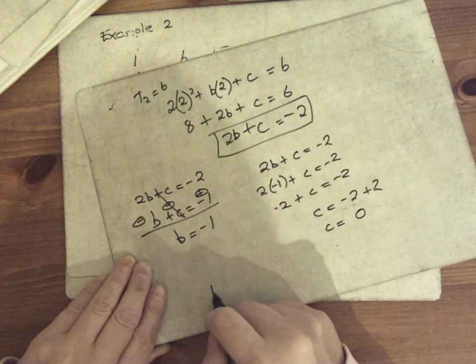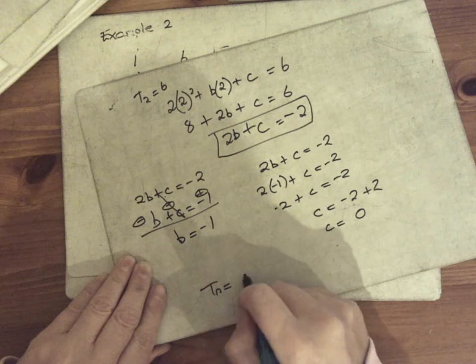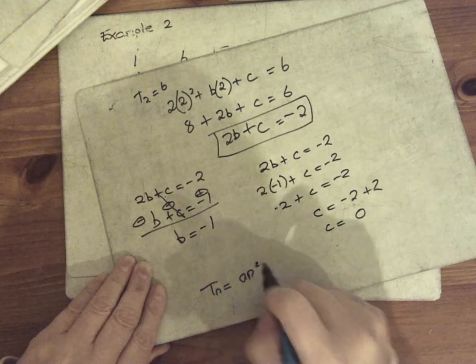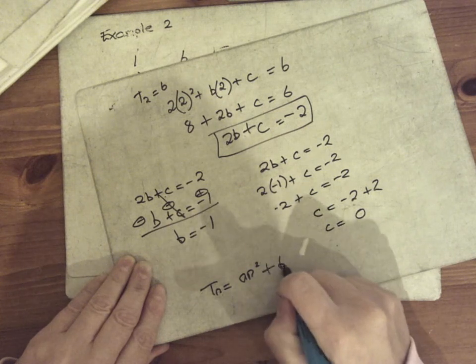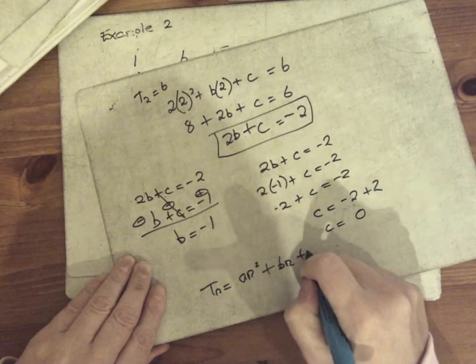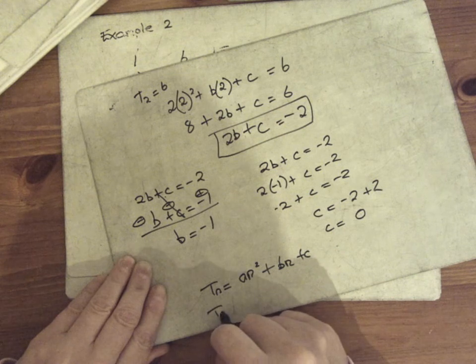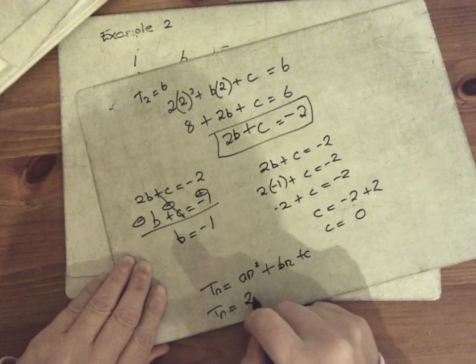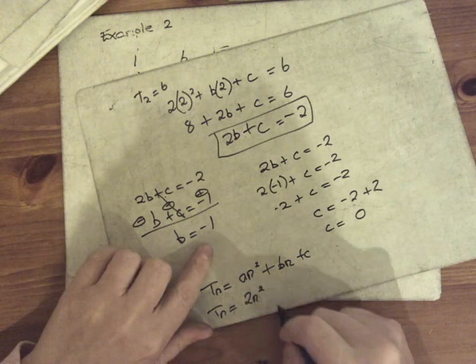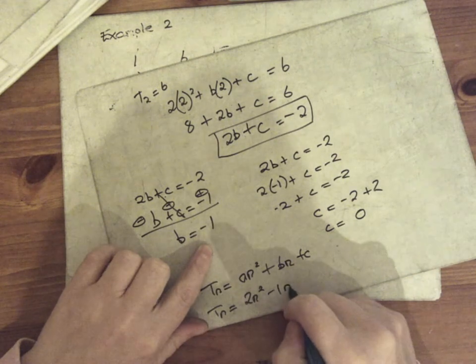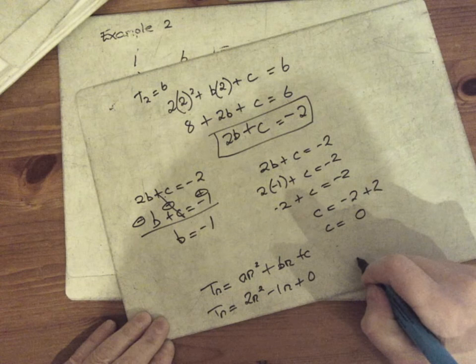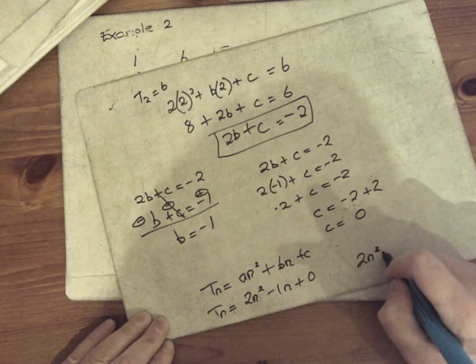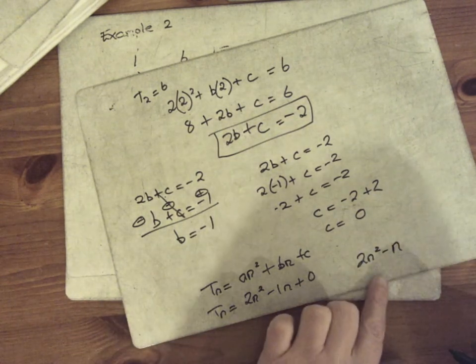So Tn was equal to an squared plus bn plus c. I figured out a was 2, so it's 2n squared. b is minus 1, so minus 1n, and c is 0. You can write that as 2n squared minus n. So that's the rule to get any term.